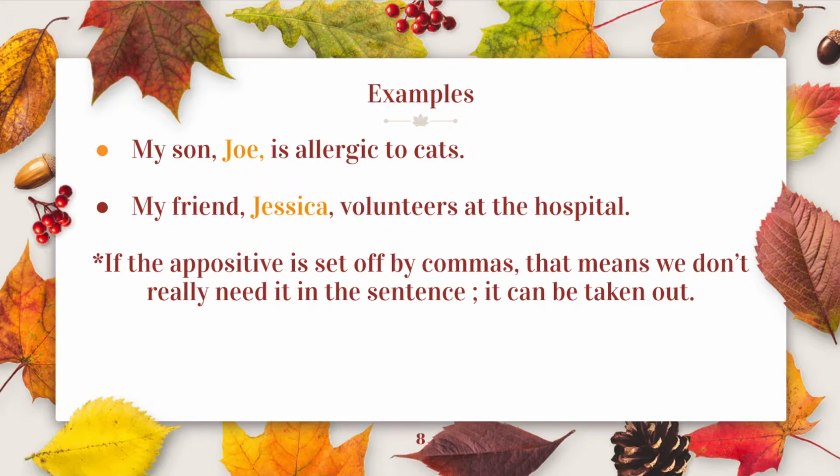So if we take them out, our sentences would be, my son is allergic to cats. My friend volunteers at the hospital. The appositives Joe and Jessica are not essential to the sentence, so it is okay if we take them out.